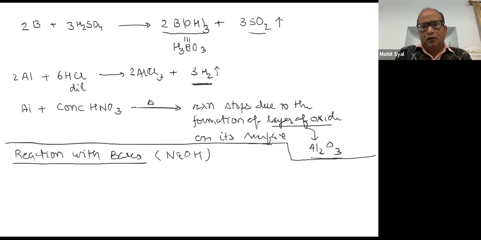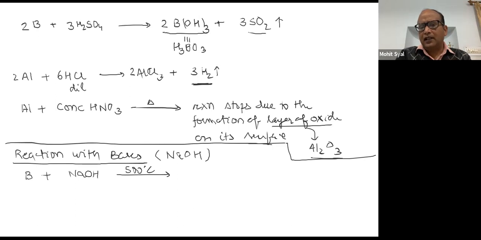So you can take the powdered form, which can react with NaOH, and we also keep the temperature very high, around 500 degrees Celsius. Or you can take a stronger base also.